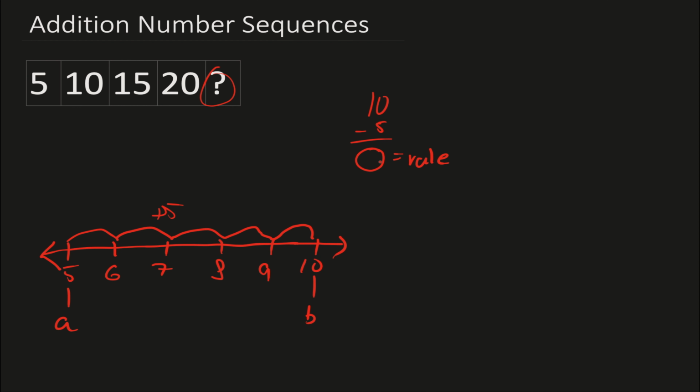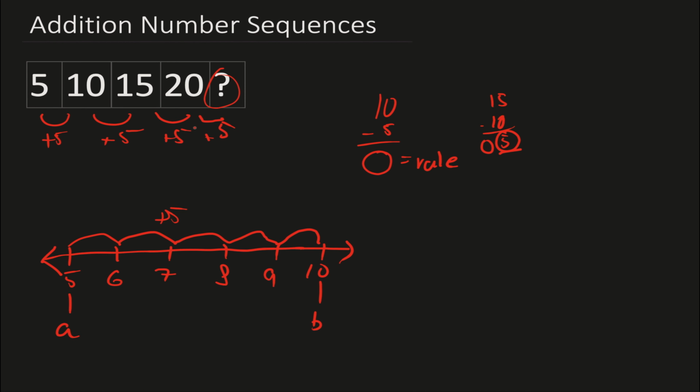Now we're going to double check using the subtraction method. So let's do 15 minus 10. It's 5. So it looks like the rule is plus 5 to get from here to there. Plus 5, plus 5, plus 5, and to get from 20 to the variable is plus 5.